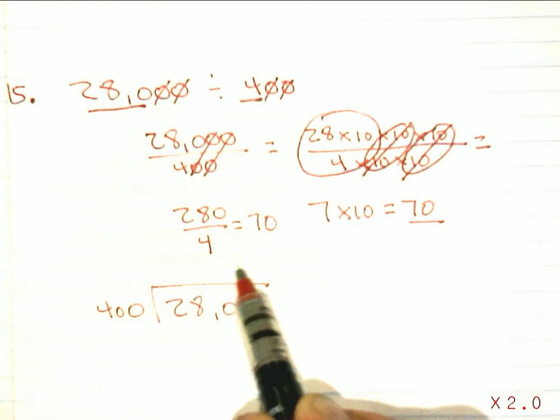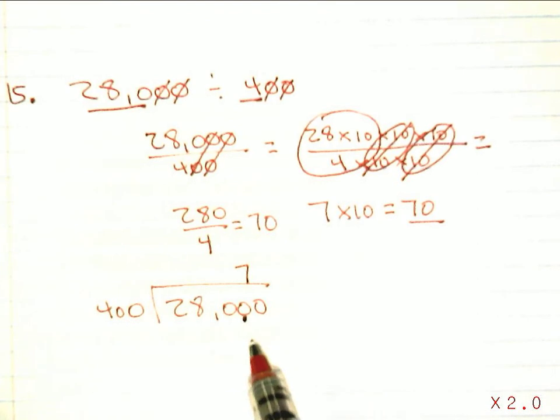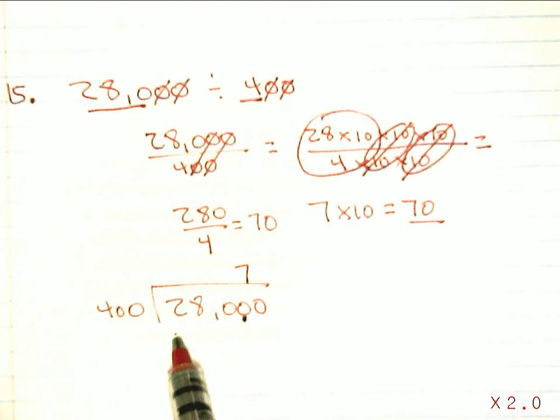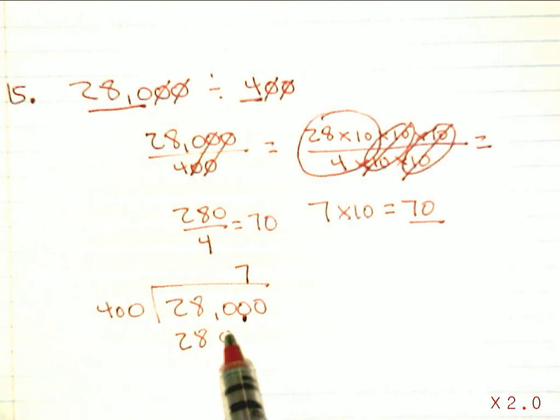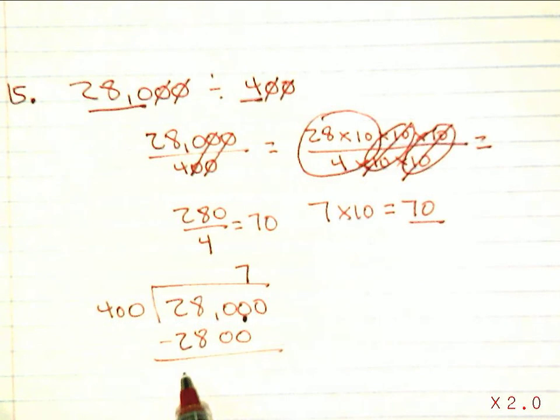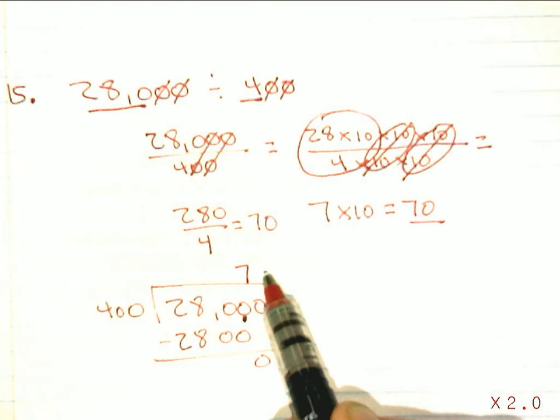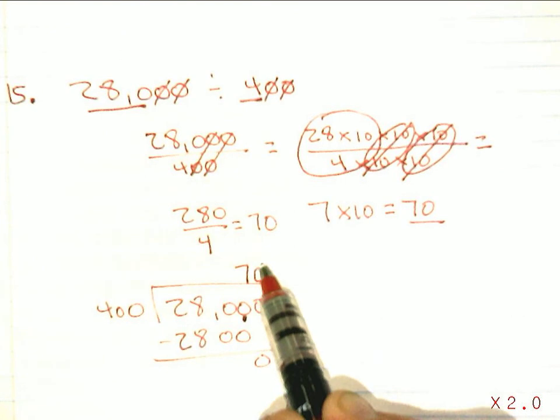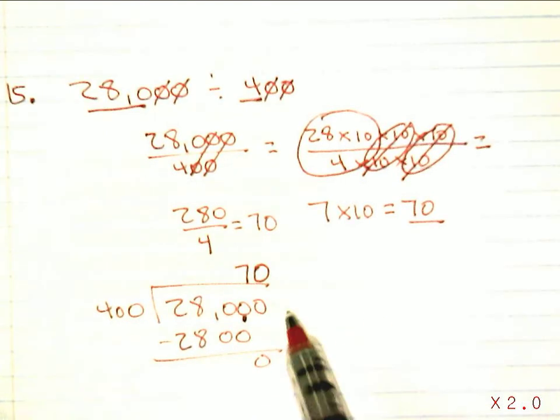I'm guessing it's 7 times since I already know the answer, and that's going to be 2,800 if I do that. And then what am I left with? 0. And so what do I do now? Oftentimes students will leave the answer as 7, but they forget to put this 0 in here to make it 70, because now it's done.